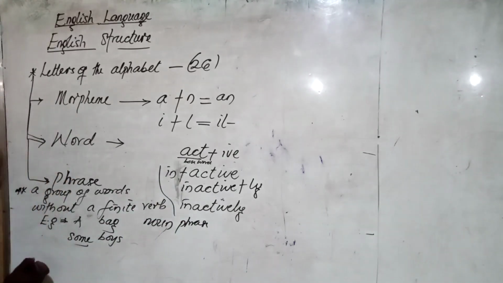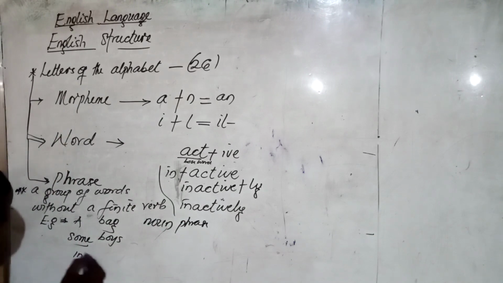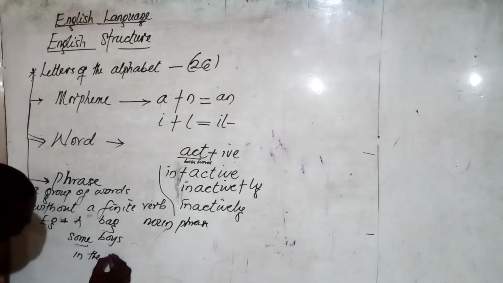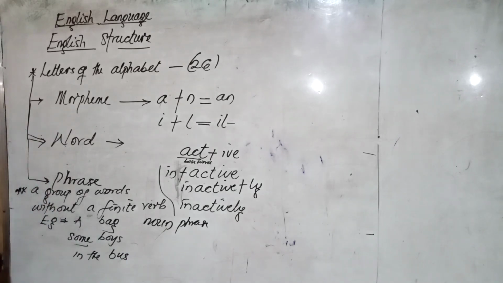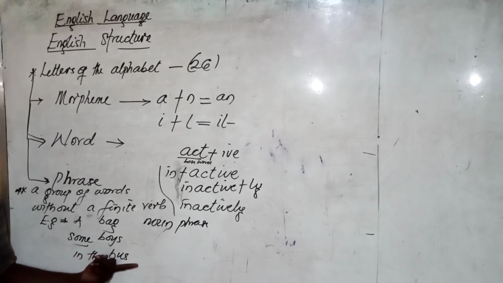All right. Then you could also have some other words like in the bus. In the bus is also a phrase. And what kind of phrase is this? Now, because it is telling us about a place, in the bus is going to be an adjunct.